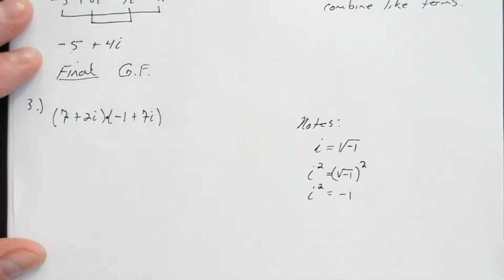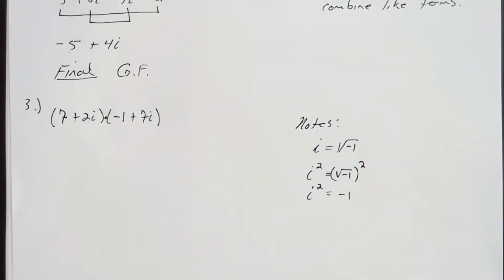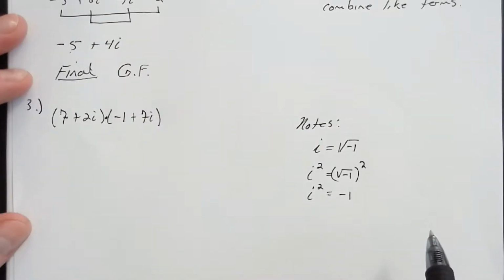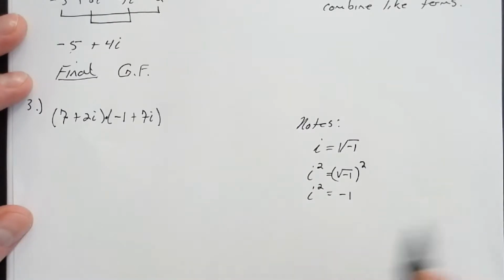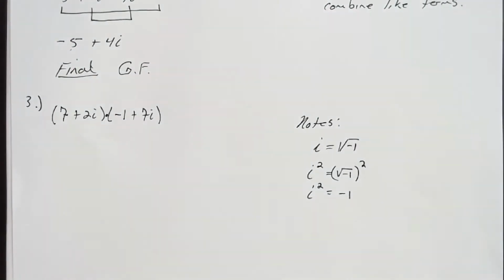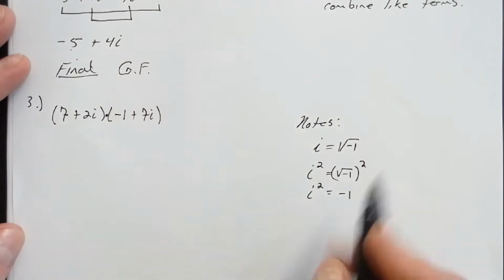So i squared is equal to -1. The first thing that we want to do here is distribute, because we're not just adding and subtracting, so we're not just combining like terms. We want to distribute.